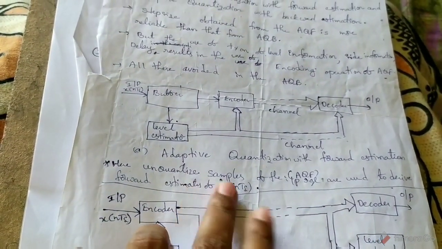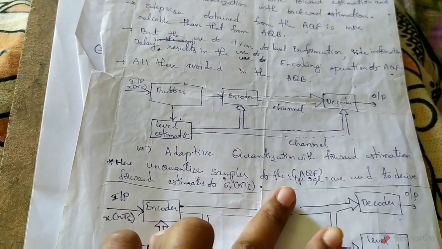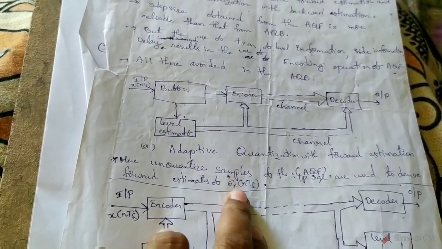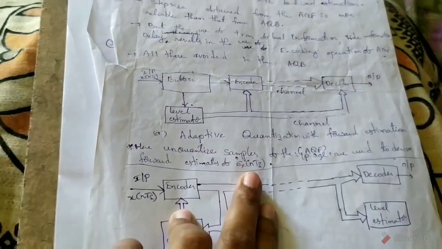Here unquantized samples of the input signal are used to derive the forward estimation of delta(nTs).